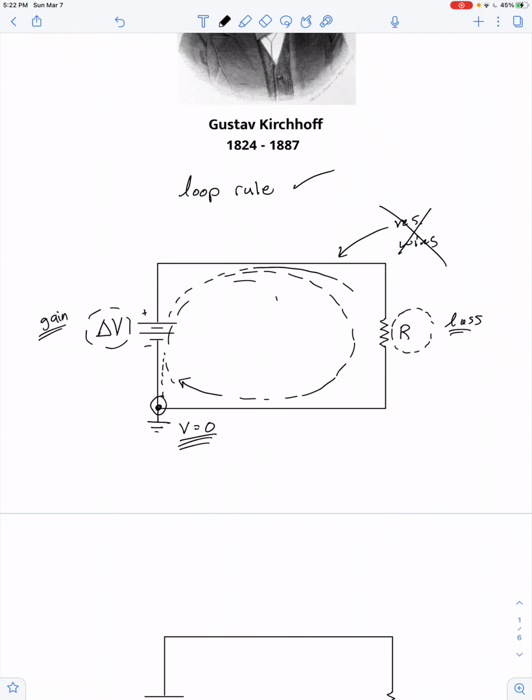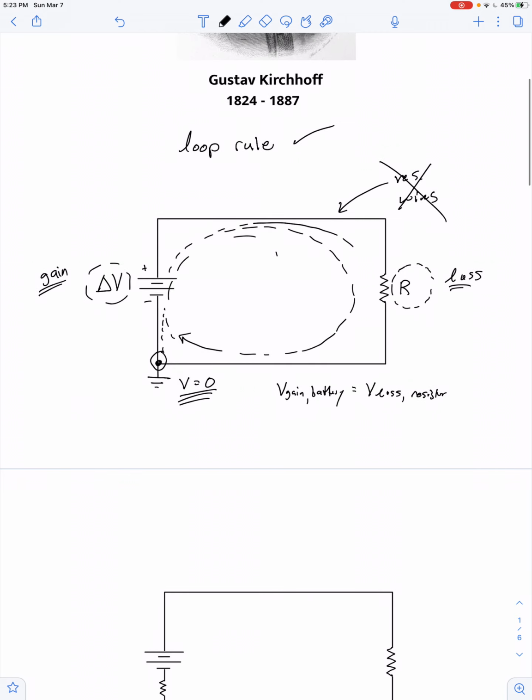So we could say something like this: the voltage gain by the battery equals the voltage loss by the resistor. Or better yet, if we figure out the net change in electric potential around the whole circuit loop, that's got to come out to 0.